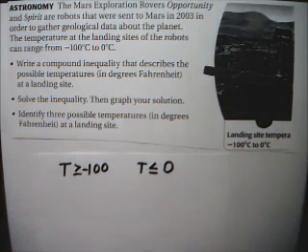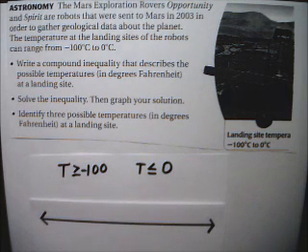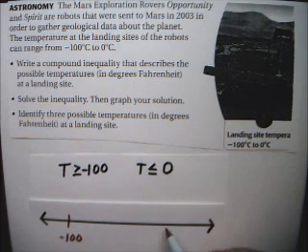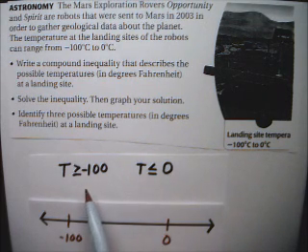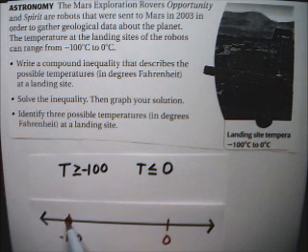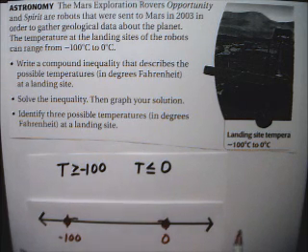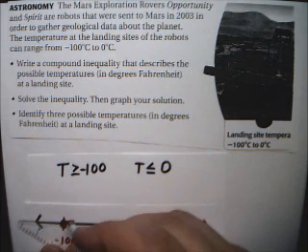So graphing that, if we graph it, negative 100 is over here, and 0 is over here. This has got to be greater than or equal to negative 100, so that's this way, and less than or equal to 0, so that's this way, and graphing this, we do get an AND condition.